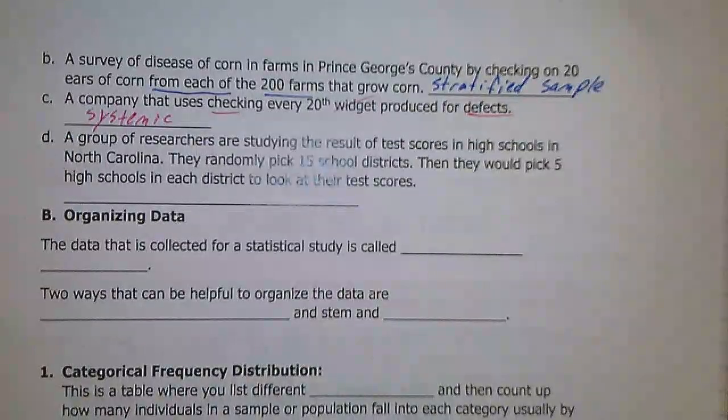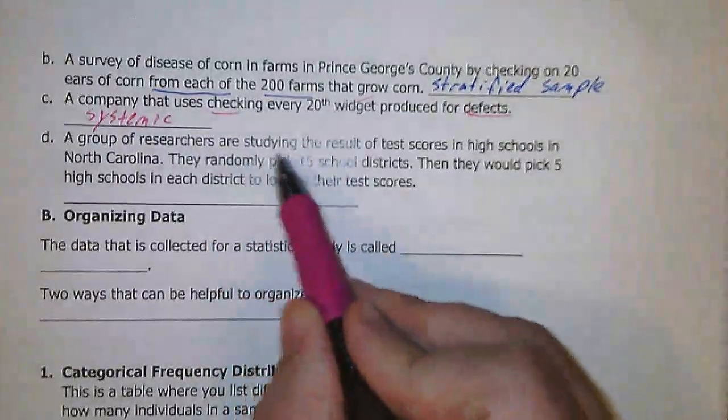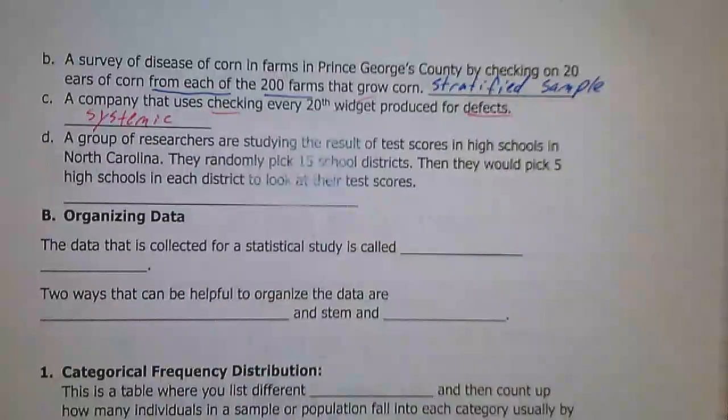That is systemic. And finally, a group of researchers are studying the results of test scores in high schools in North Carolina. They randomly pick 15 school districts. Then they would pick 5 high schools in each district to look at their scores.